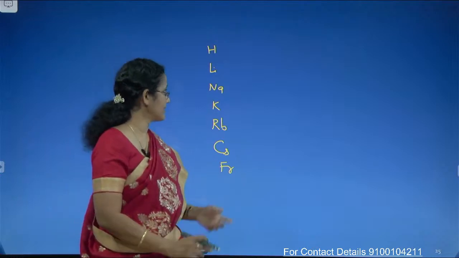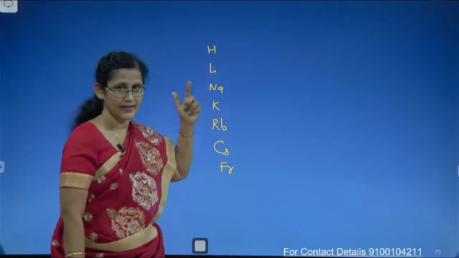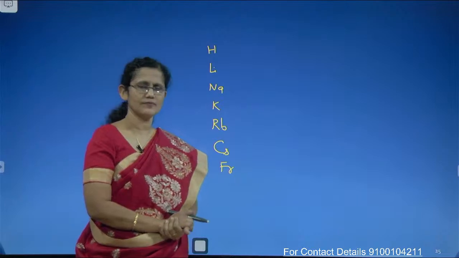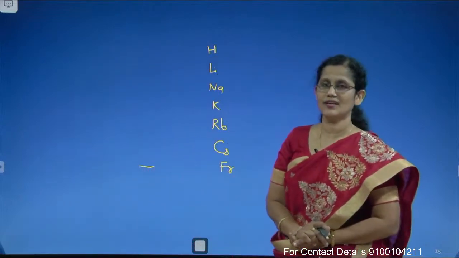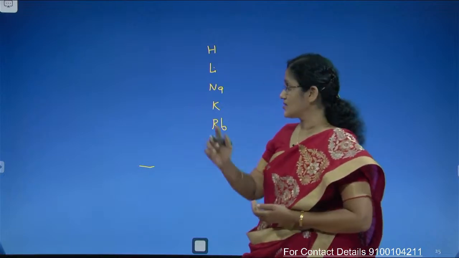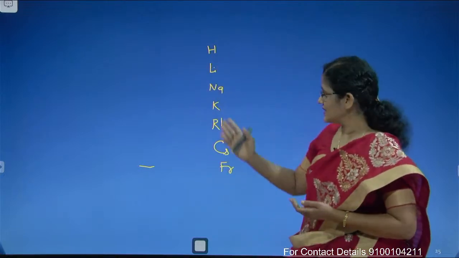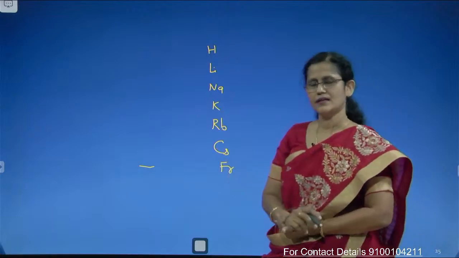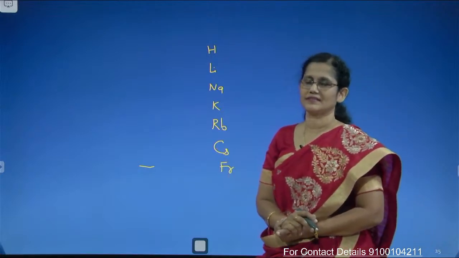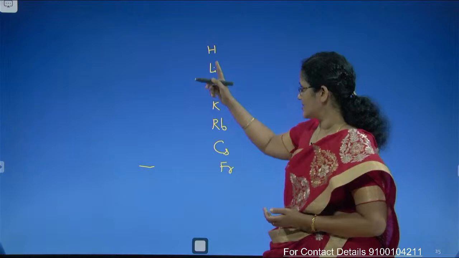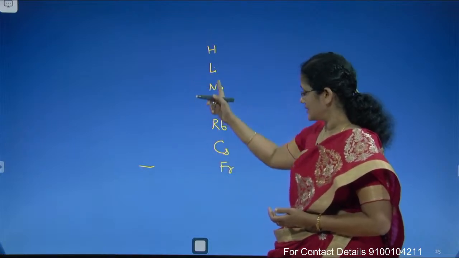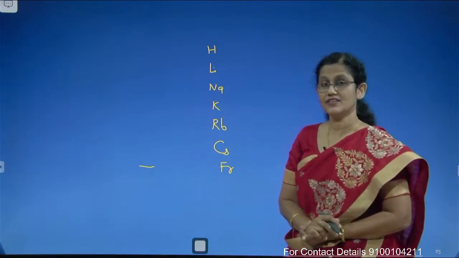For example, hydrogen is diatomic. What is atomicity? It indicates number of atoms in a molecule. Atomicity of hydrogen is 2, diatomic, whereas lithium and other alkali metals are monoatomic, right. Hydrogen diatomic, others are monoatomic. There is some difference between hydrogen and other elements, right.